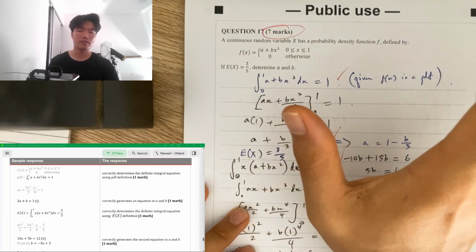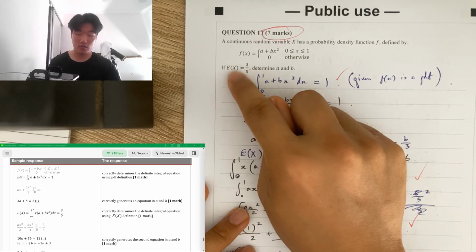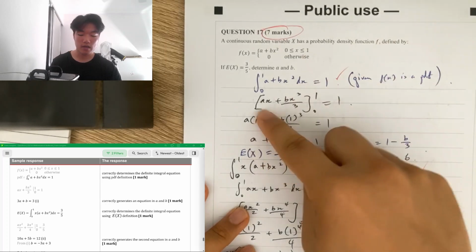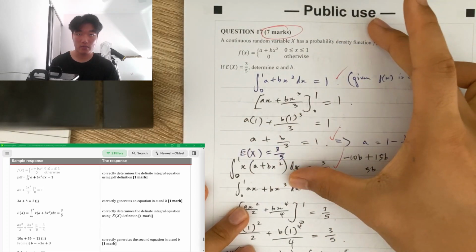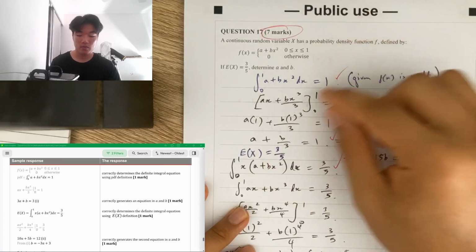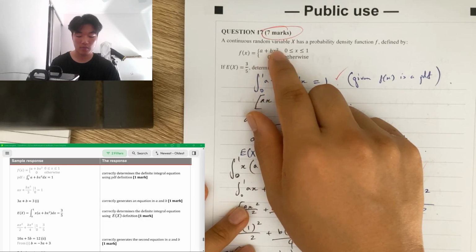It's on the formula sheet. We know that to find the mean, or the E of X, of a continuous random variable, we integrate with the bounds that are specified, which in this case are 0 and 1, and we multiply x with the continuous random variable's probability density function.